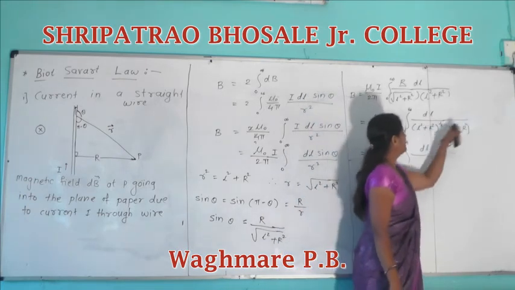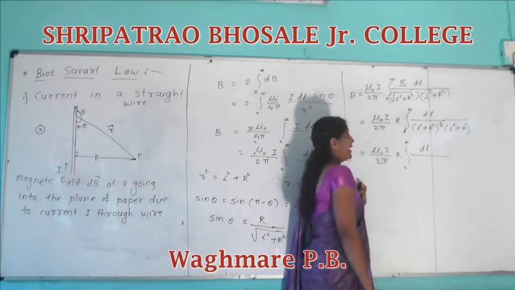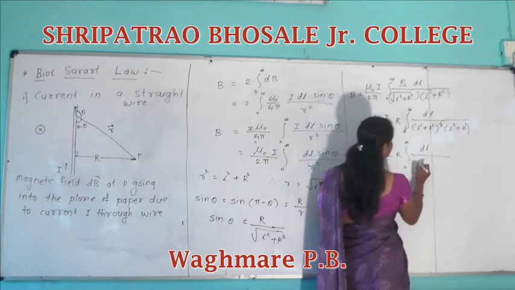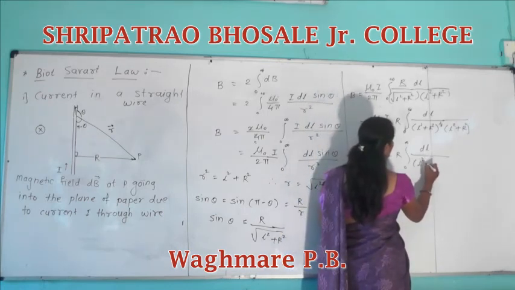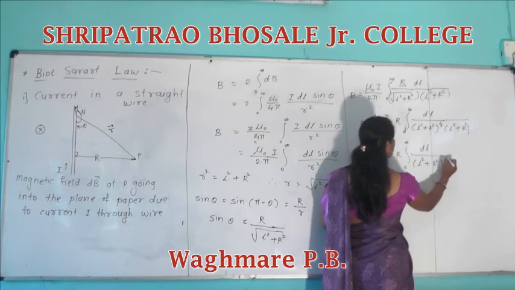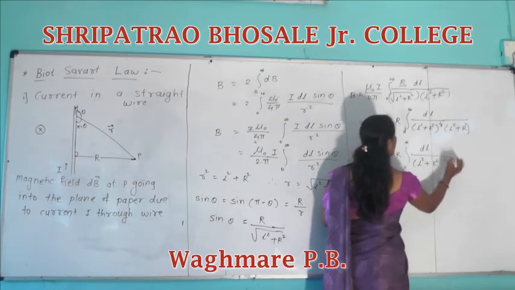Adding the power of these two brackets, we will get L square plus R square raised to 3/2.